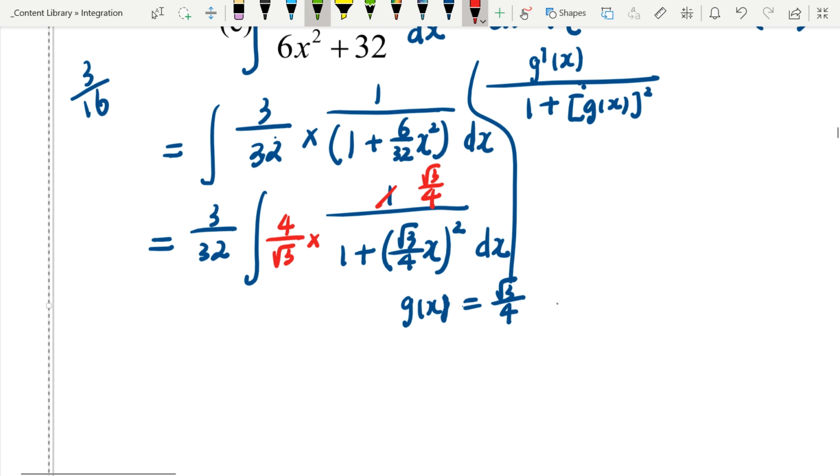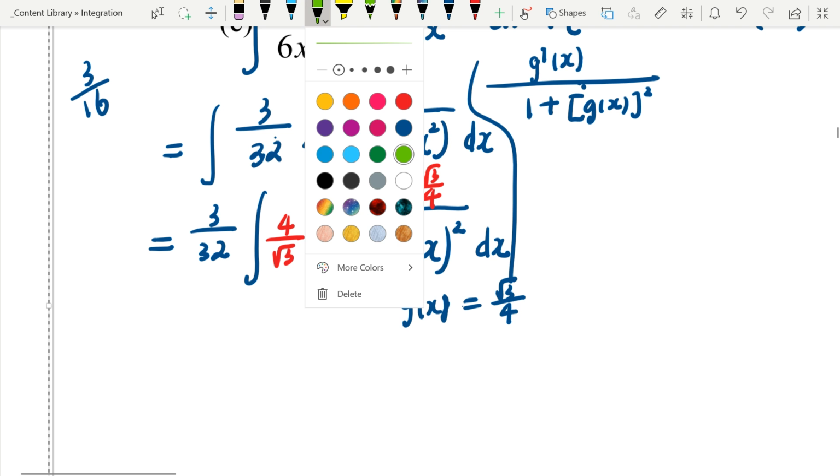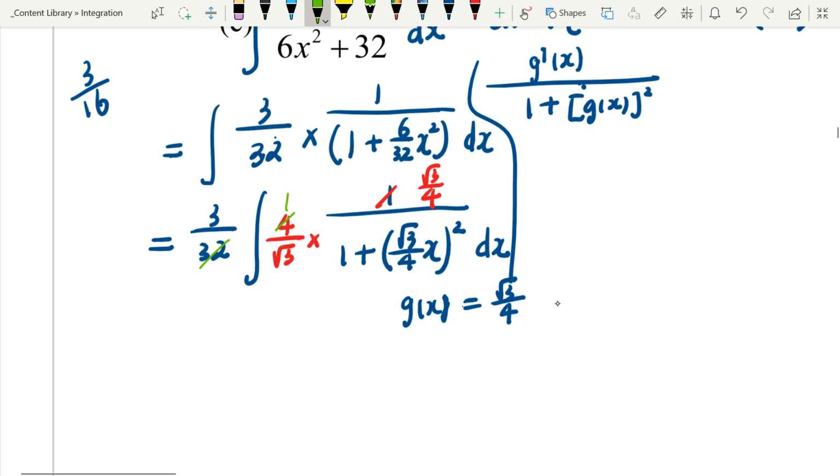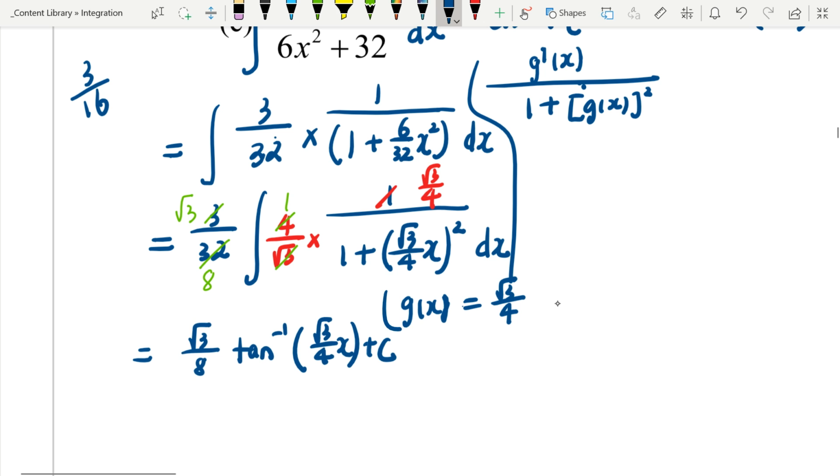And then I can simplify here. That's 1, that's 8. And root 3 and then 3 becomes root 3. So what I have here is root 3 on 8, tan inverse of root 3 on 4x plus c.